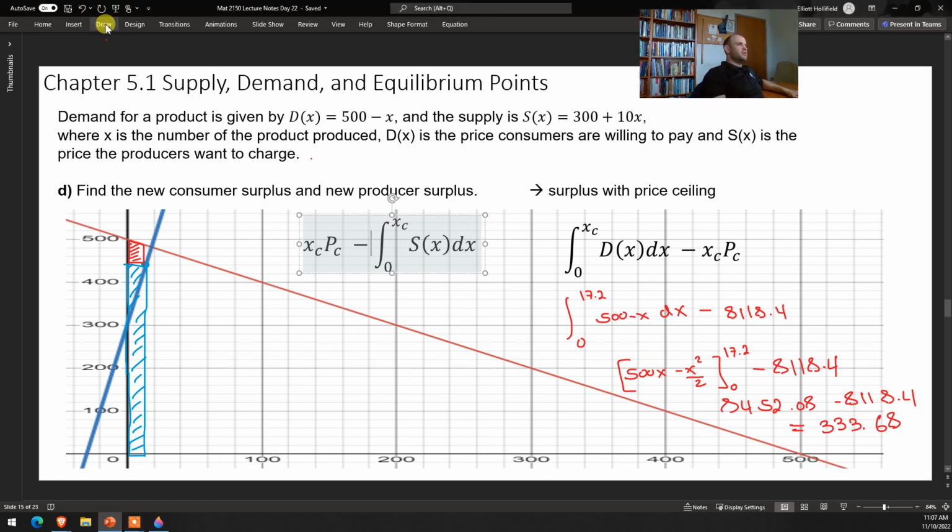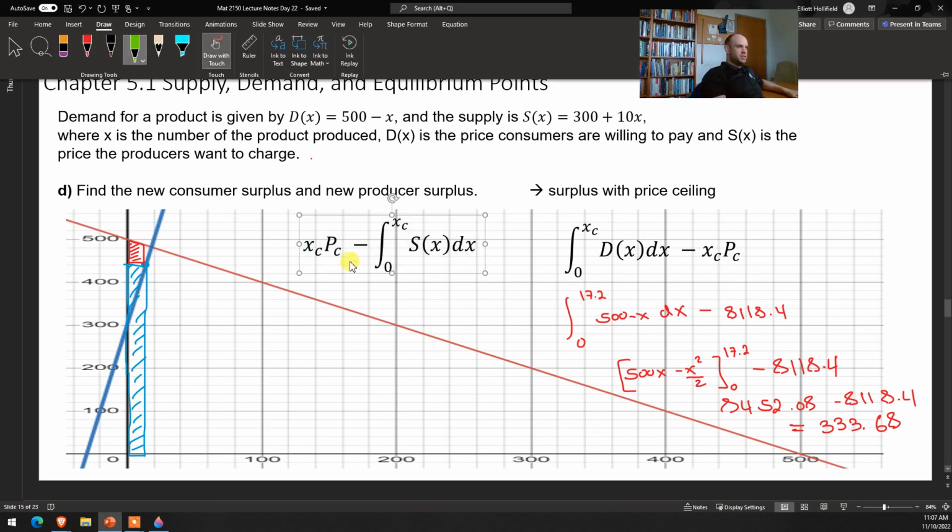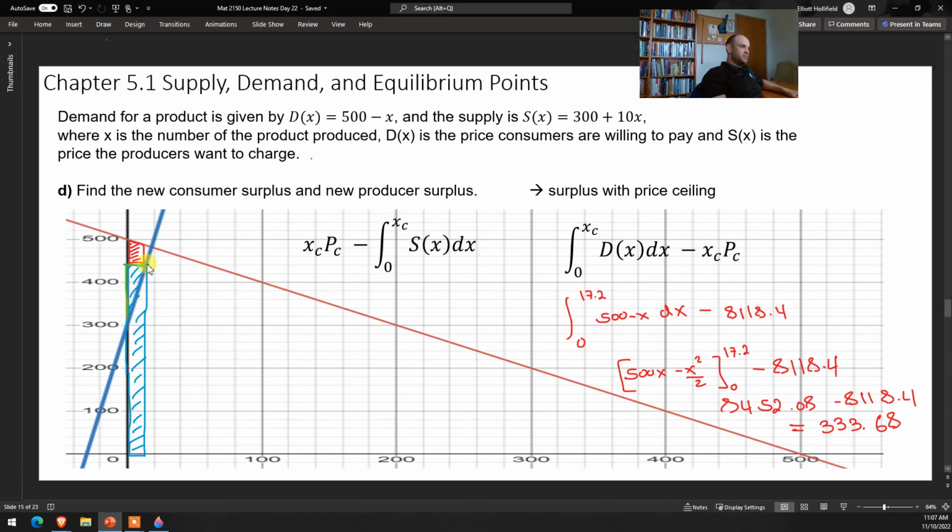So let's first draw the region that corresponds to this integration. This is the area of this rectangle which falls above the supplier curve. That gives us this remaining area, which is the producer surplus given the price cap or the price ceiling. Here we can evaluate this as 8118.4 minus the integral from 0 to 17.2 of 300 plus 10x dx.